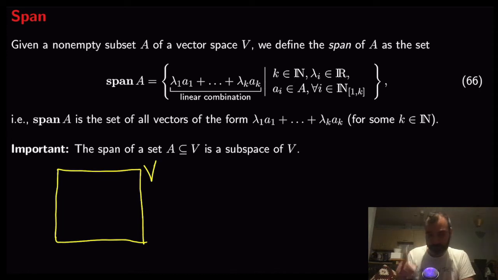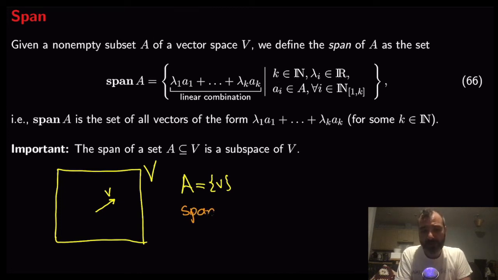I'm taking this vector V, and I'm taking A, wait for it, to be a set that contains nothing but V. It only contains one element, V, nothing else, just one. What is the span of A? Well, the span of A is the line that supports V. The span of A is this orange line. Simple as that. This is the span of A.